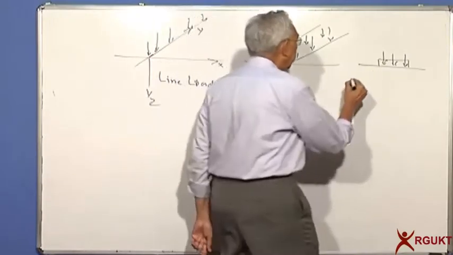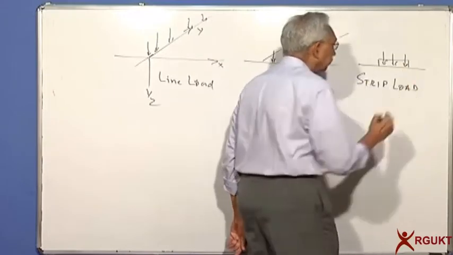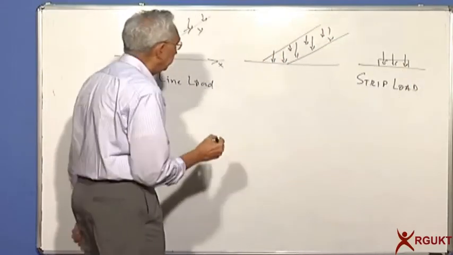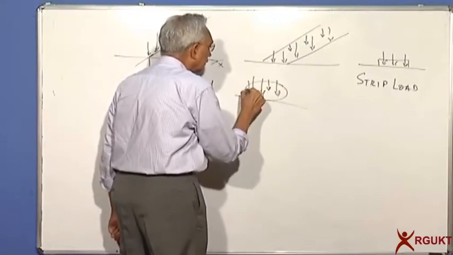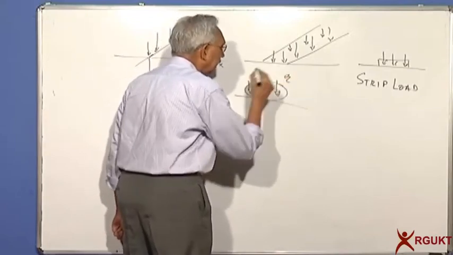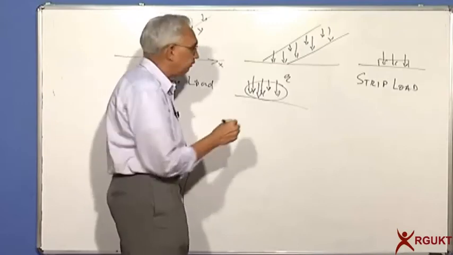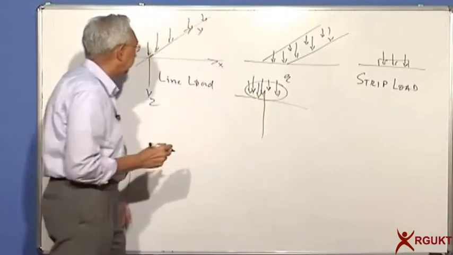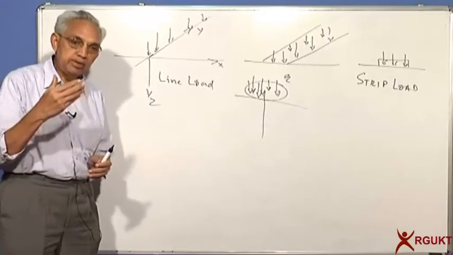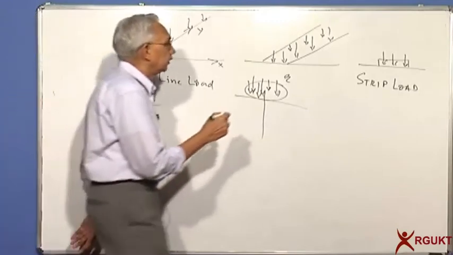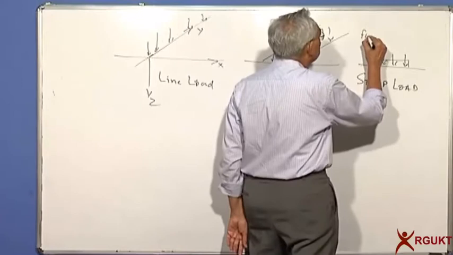This is called a strip load. And finally, we come to a uniform circular load where you have average stress Q, and we know how to integrate this simple point load to various cases, and you will use them when you are doing a course on foundation engineering.